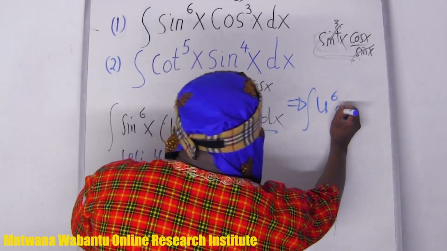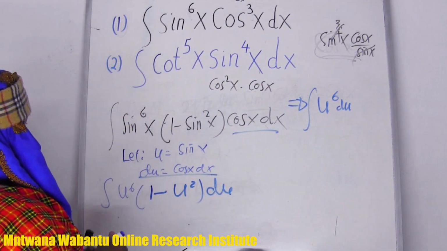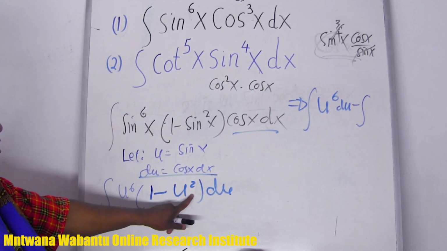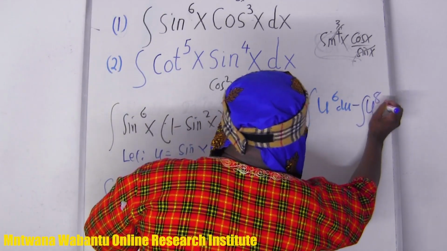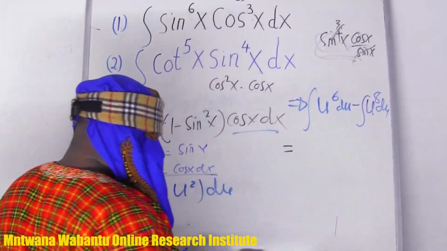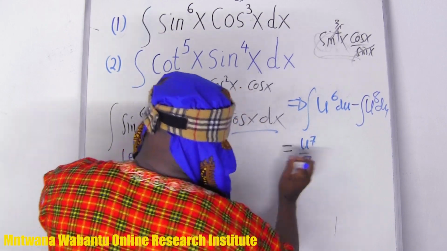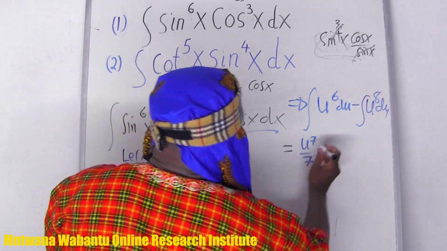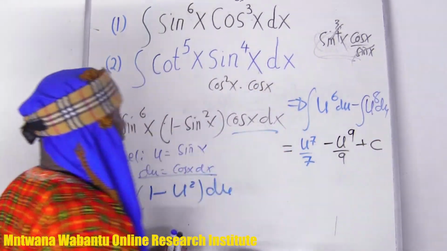So now just do normal expansion: integral of u power 6 du, and then minus integral of u power 6 times u power 2, which is u power 8, du. So the next step, we can finalize and say this equals u power 7 over 7 minus u power 9 over 9, from the power rule of integration.